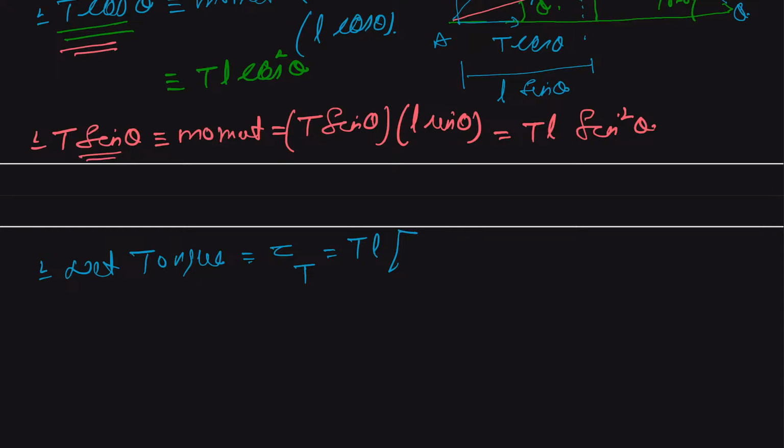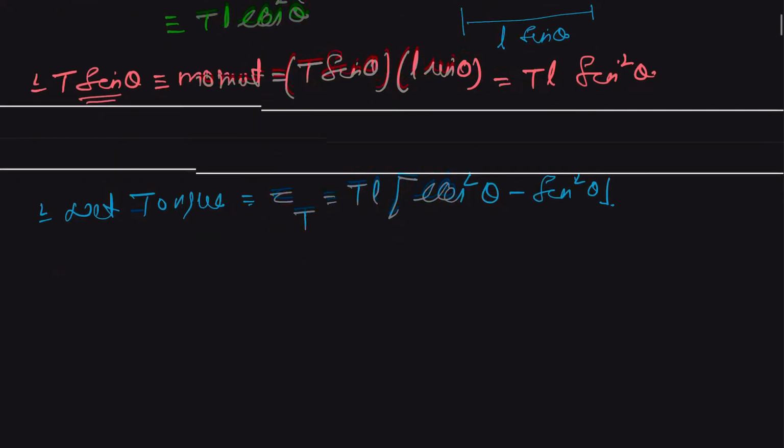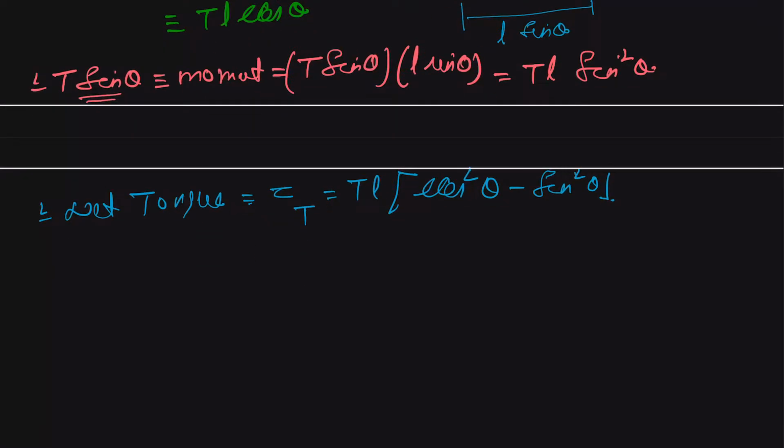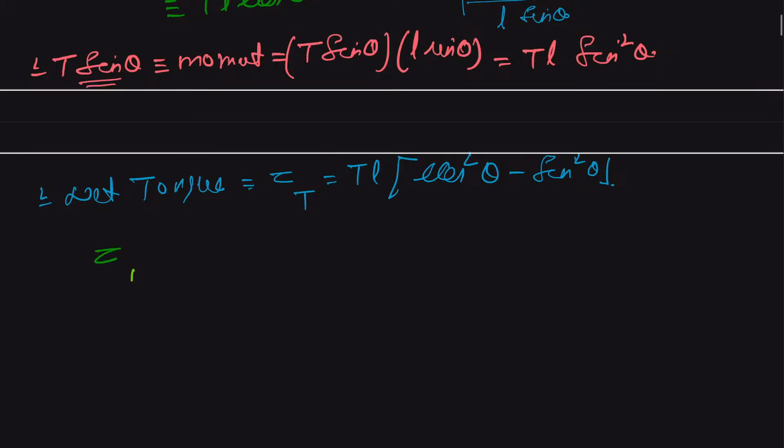Therefore we can write it as cos squared theta minus sin squared theta. And from the trigonometric identity, we can say tau T can be written as TL cos of 2 theta. Okay. So this is the torque because of the tension T.